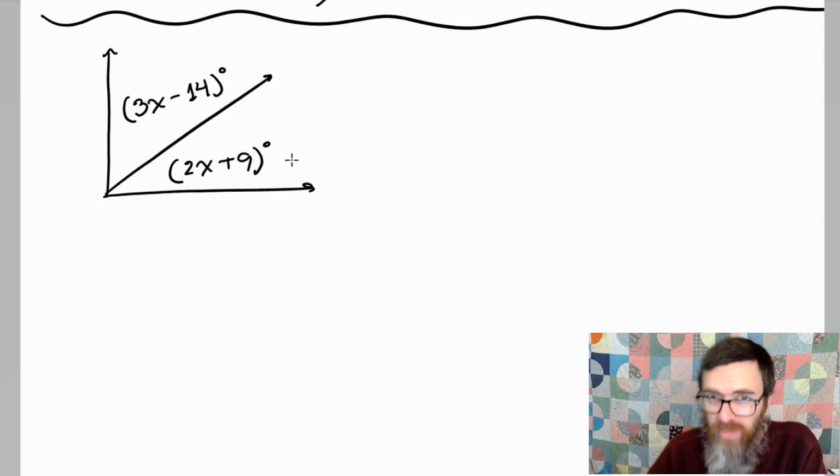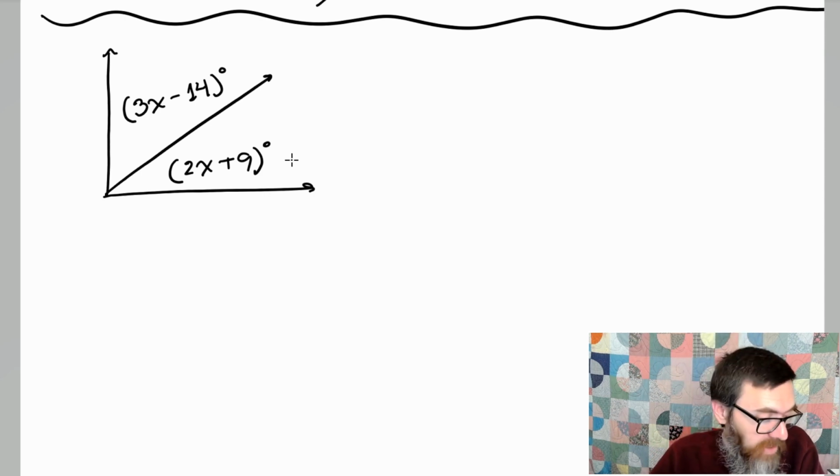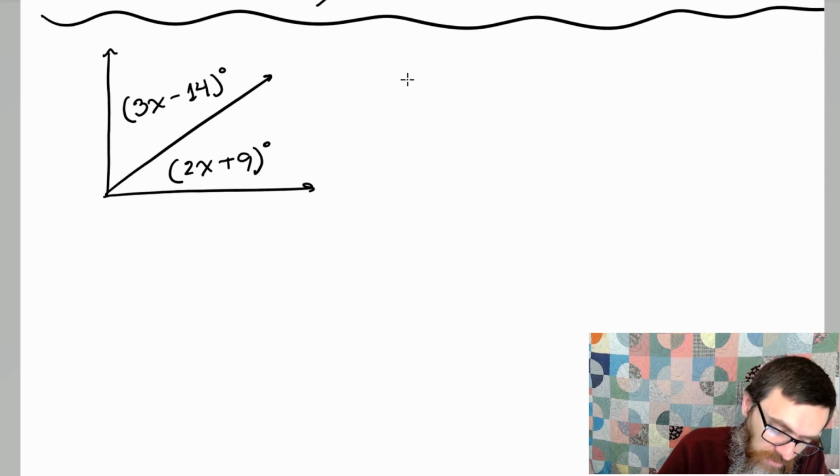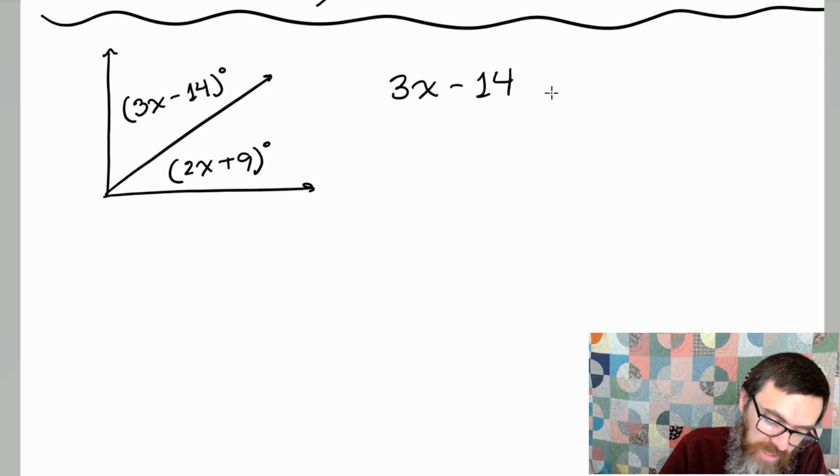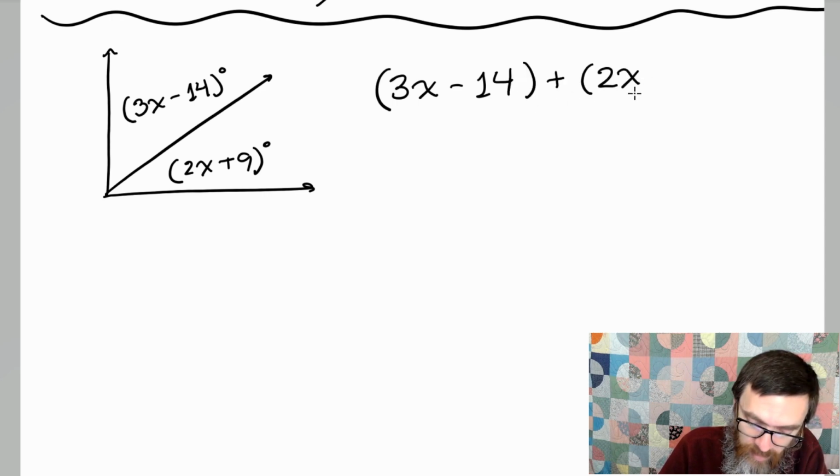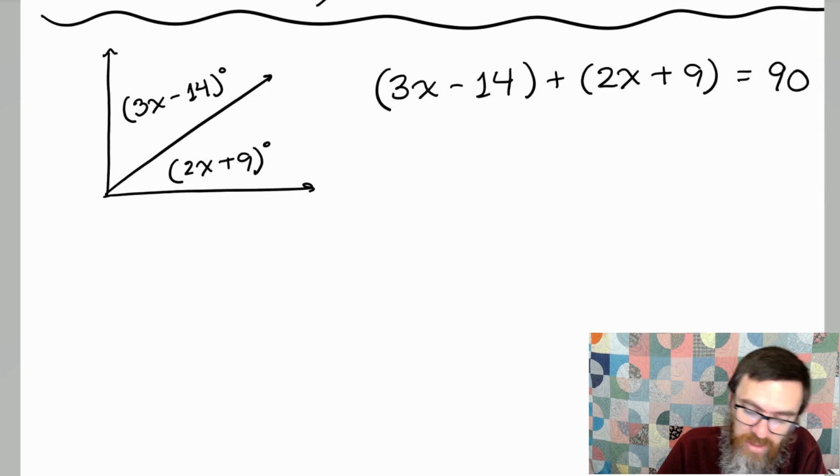Because they form a right angle, their sum is going to be 90. It means that these guys are complementary, excuse me. So from this, we can say that 3x minus 14 plus 2x plus 9 is equal to 90.